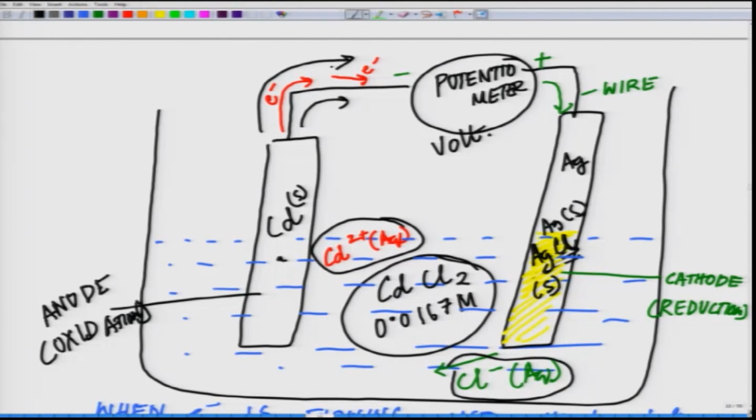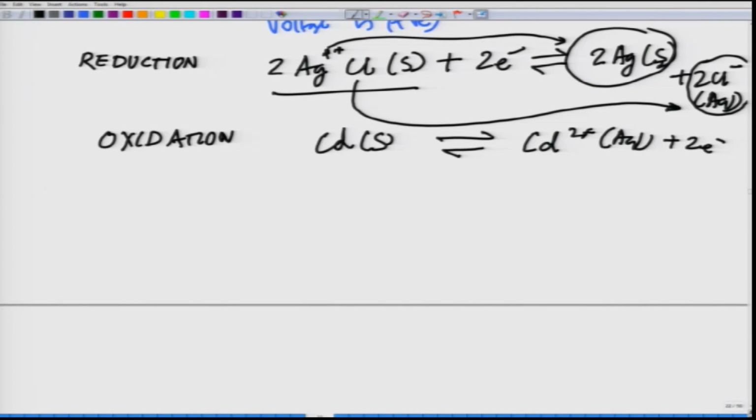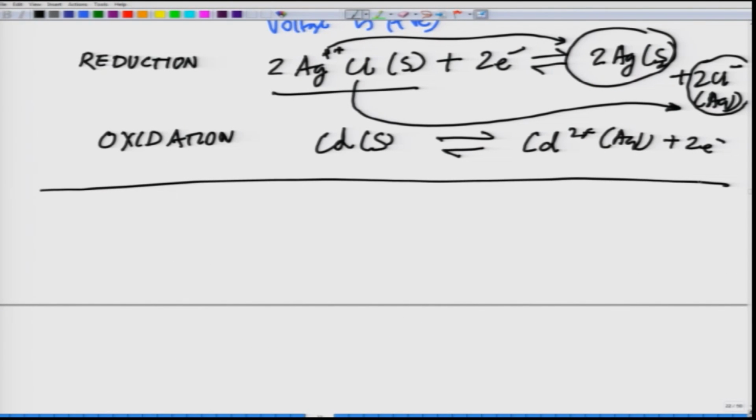Now, if you add up these reactions out here, what you are going to get in this redox reaction is the net reaction.